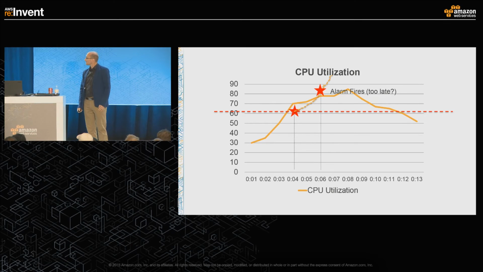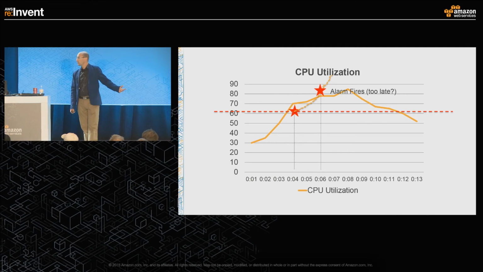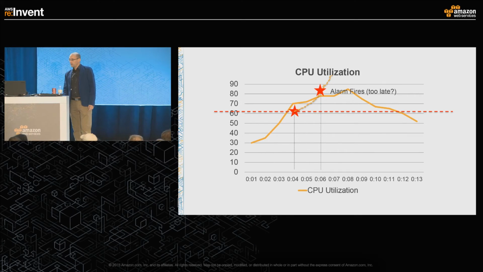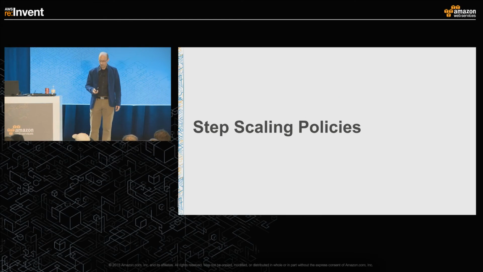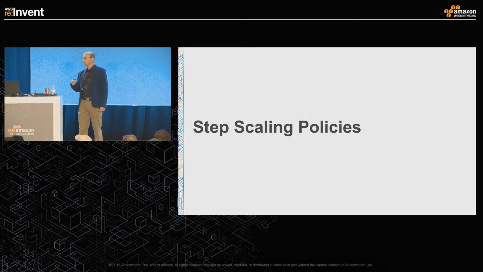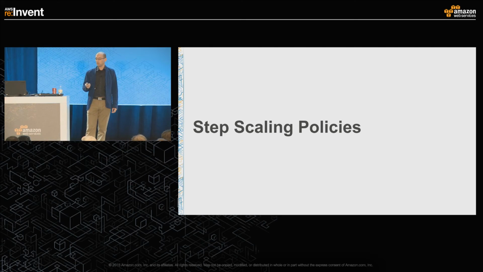We were almost at 90%, something like that, which might be too close to actually launch different capacity and bring that online before you run out of capacity and before customers start seeing errors. And that's the main reason why the autoscaling team launched step scaling policies in the last year, because they address this particular challenge, and they give you a bit more flexibility on how aggressively you want to react to breaches in your metrics.